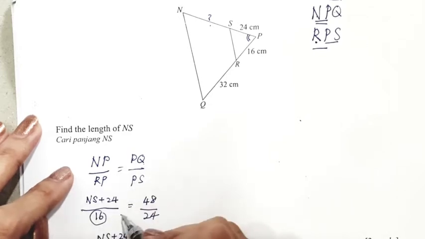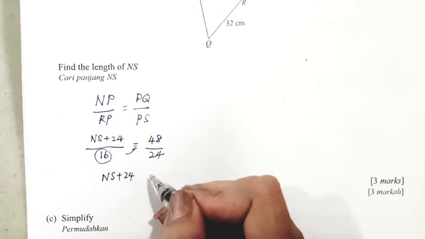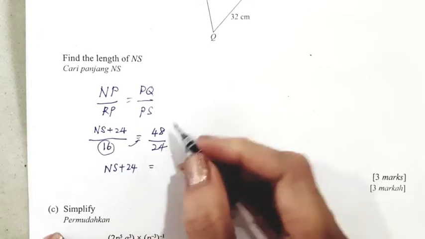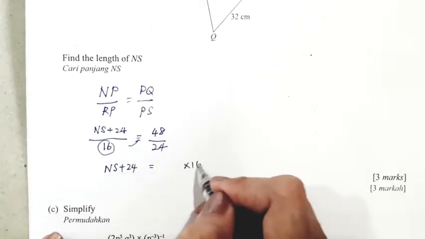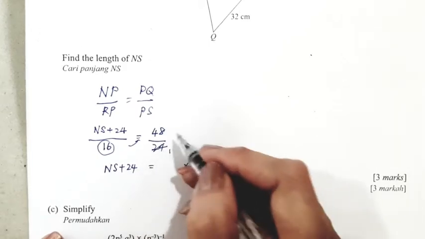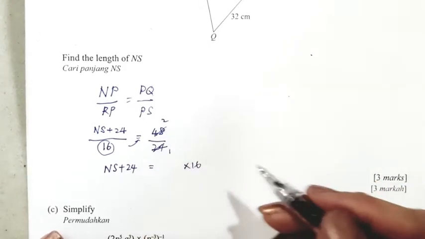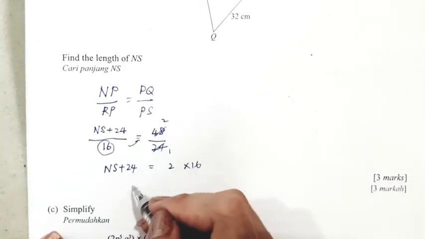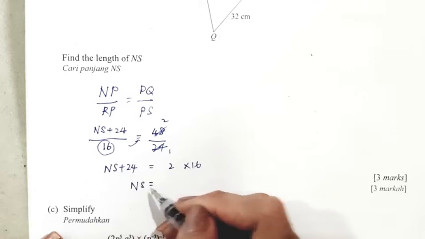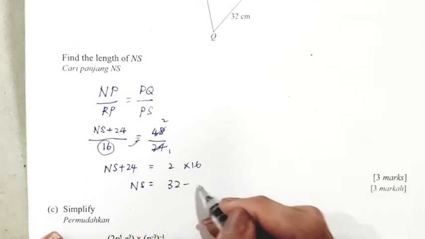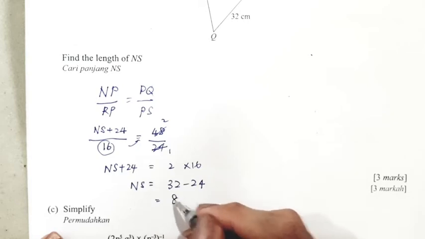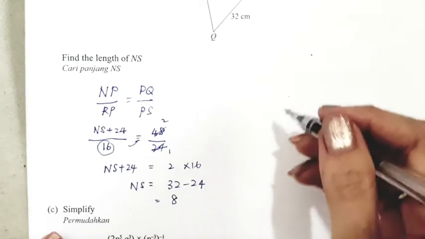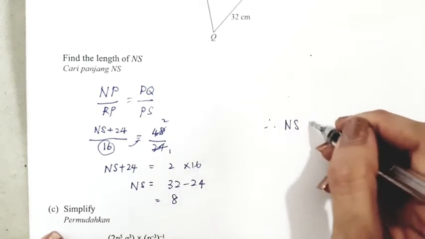Yeah, go to the other side. So we can simplify this. Times 16. Simplify this one, 24, 1, 24. 24, 2, 48. So we have 2. And therefore, NS will equal 32 minus 24. And therefore, we will have 8 cm over here. So the answer NS equals 8 cm.